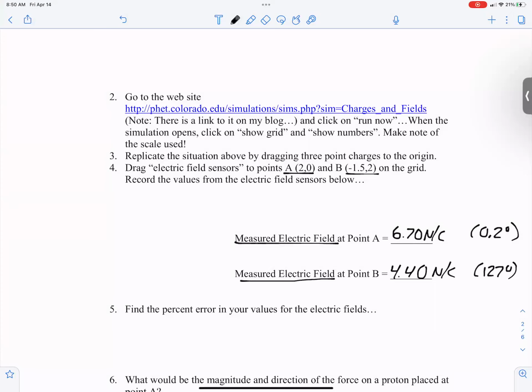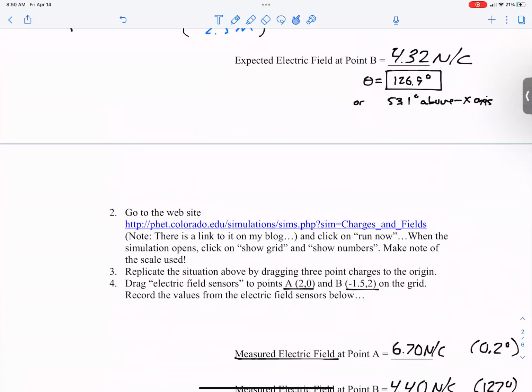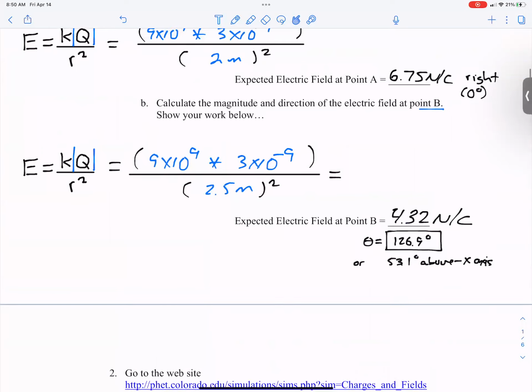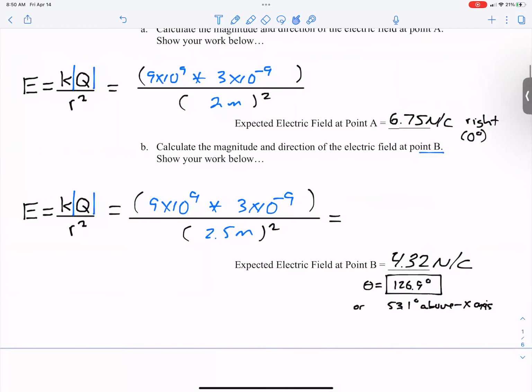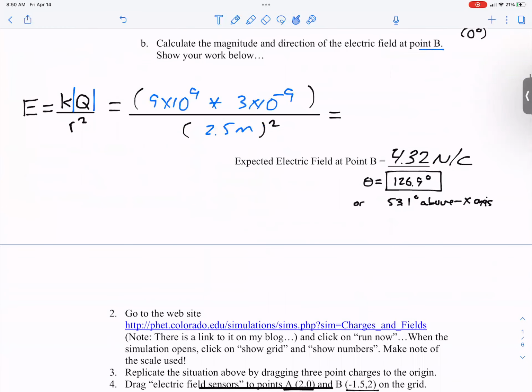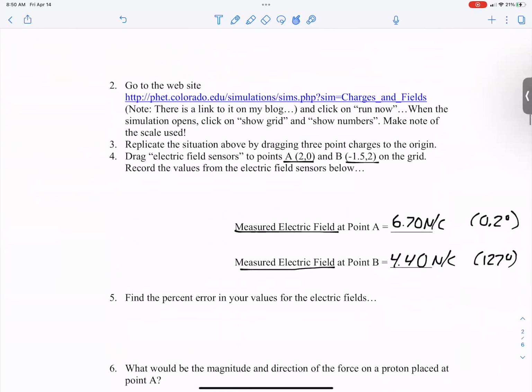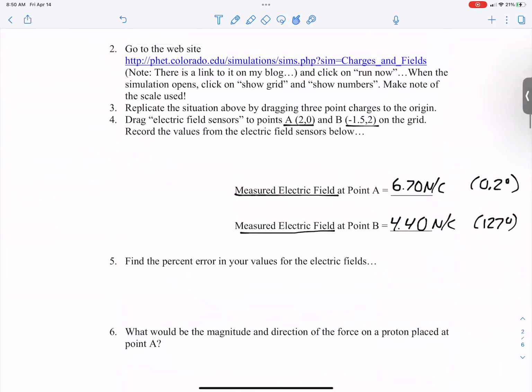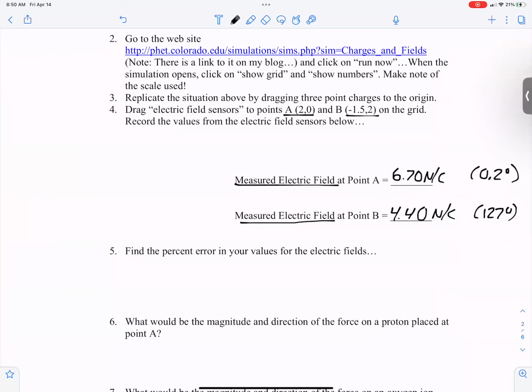Okay, and if we just take a peek back, we can see how close that is to our expected calculations. What we're going to do in part 5 is calculate the percent error on these values.